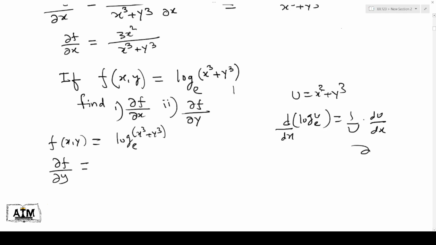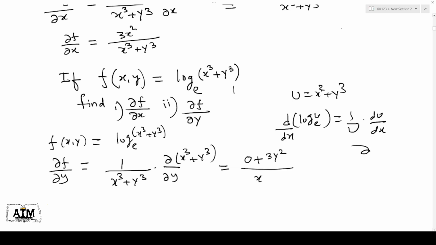So the partial derivative of f with respect to y is 1 upon x cube plus y cube multiplied by the partial derivative of x cube plus y cube with respect to y. The partial derivative of x cube with respect to y is 0 and that of y cube with respect to y is 3y square. So 0 plus 3y square divided by x cube plus y cube. Therefore, the partial derivative of f with respect to y equals 3y square divided by x cube plus y cube.